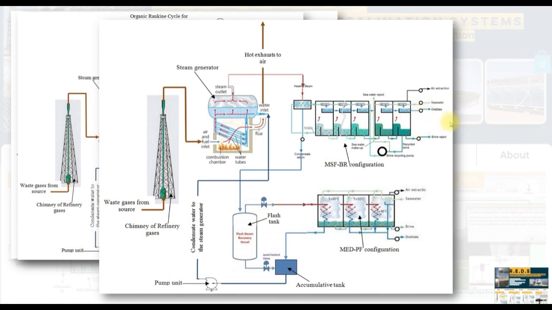Suppose I need to desalinate, for example, 5,000 cubic meters per day from MSF and 5,000 cubic meters per day for MED. What is the mass flow rate of the waste gases that should be used in such cases? This answer should be known by our model.